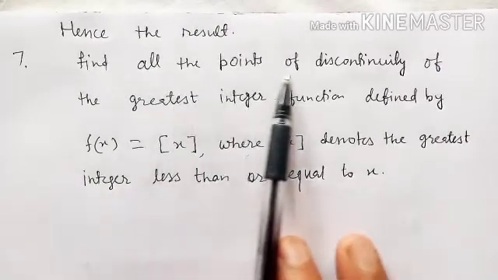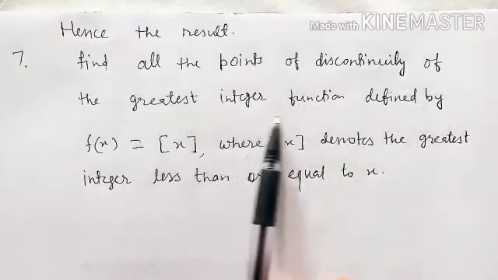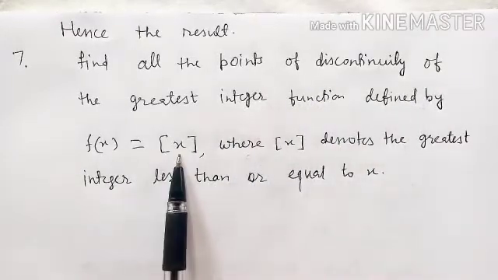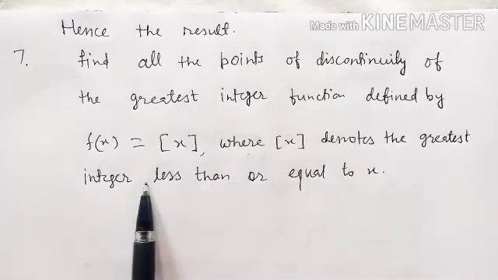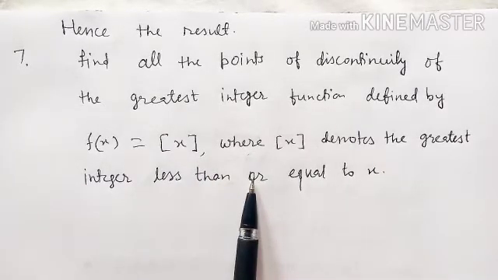Find all the points of discontinuity of the greatest integer function defined by f(x) equal to greatest integer x, where greatest integer x denotes the greatest integer less than or equal to x. So let us draw the graph to understand clearly.